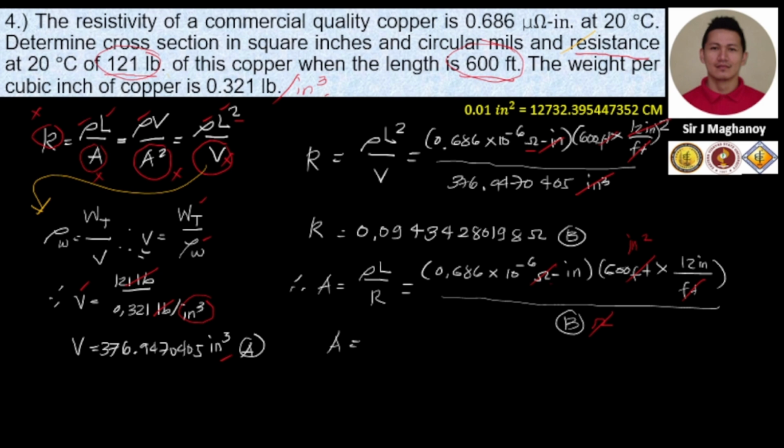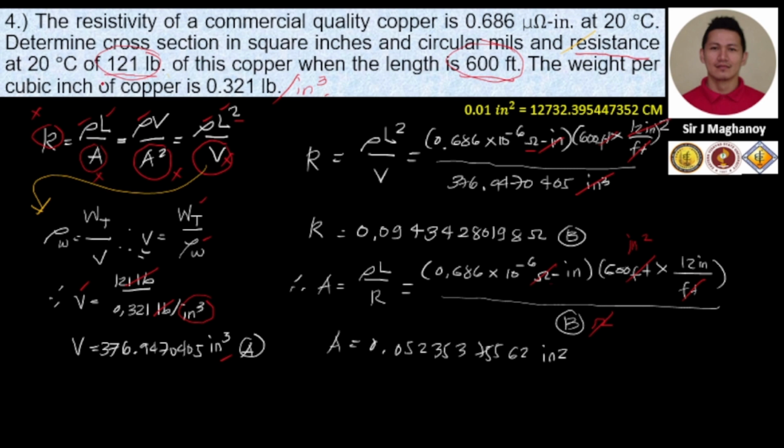Solving for the cross-sectional area: 0.686 times 10 raised to negative 6 times 600 times 12 over alpha B. So the cross-sectional area here is 0.052 square inch.